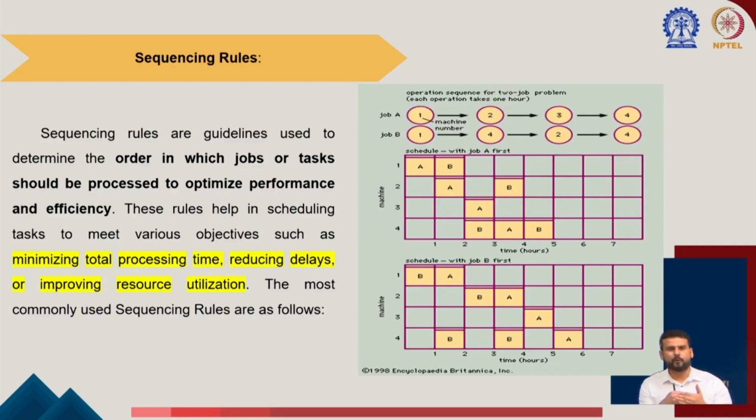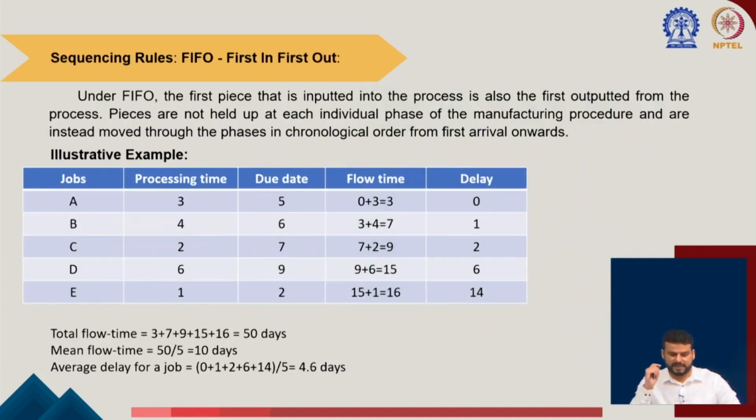So, here the point is minimizing the total processing time, that is we will calculate in terms of flow time, right, and how we can reduce the delays. We should decide the order in such a way that there is minimum waiting time throughout that channel, and in that way we will ensure the resource utilization.